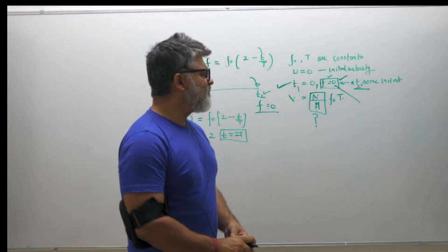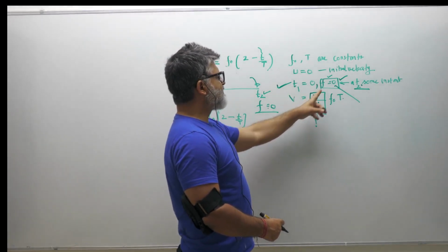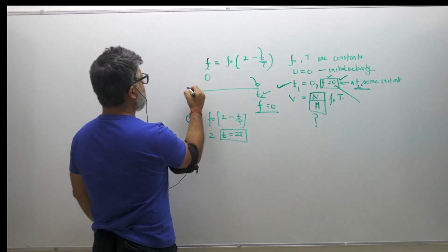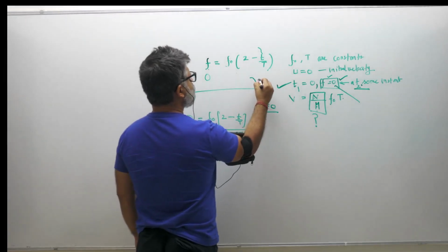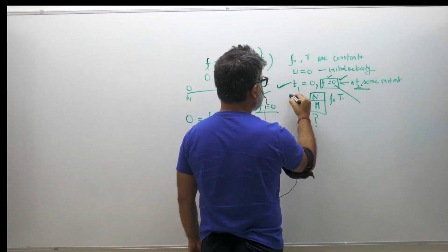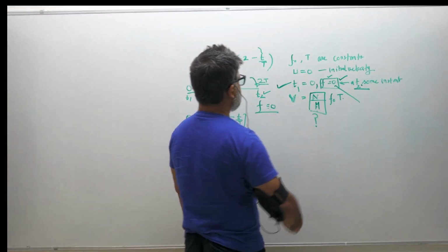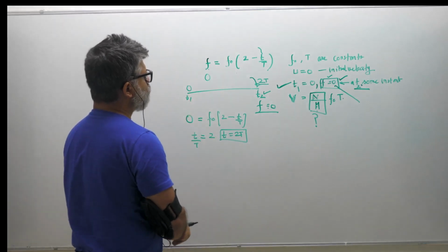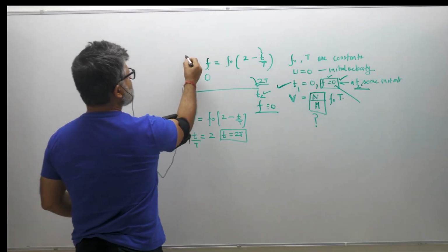This is the time when the body has 0 acceleration. So for the time instants from 0 to 2T, we have to find this velocity. So how do you get the velocity expression?